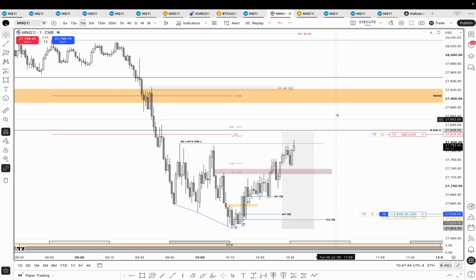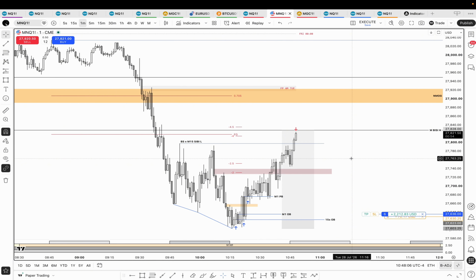I'd want to see follow through on price action. So closure above that buy side level, very much like that.